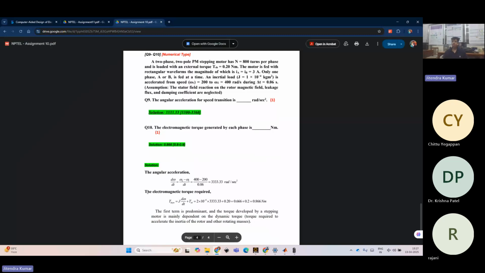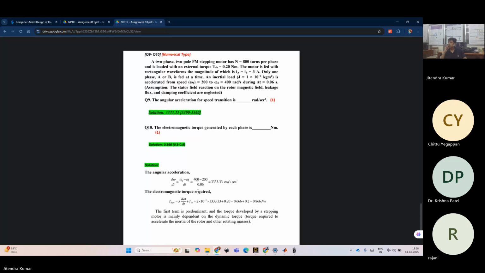So this value is still not corrected, right? The last question, the 10th, is still 0 derivative plus 0.2 omega over dt. It should have been 0.2666, right?